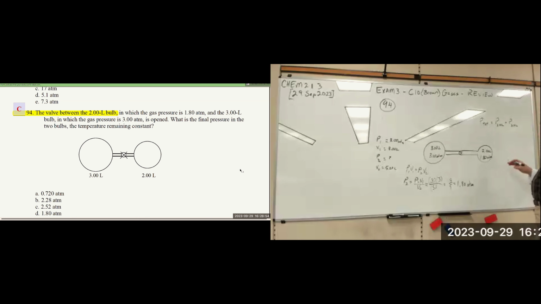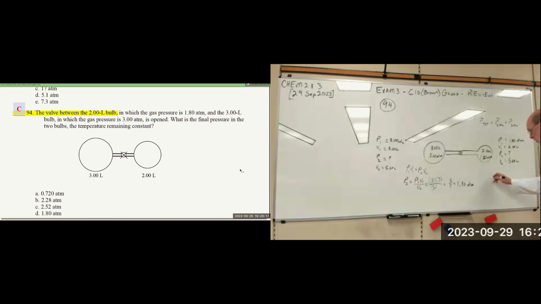Now, from the other side, P1, V1, P2, V2, this was our unknown. The initial pressure on this side is 1.80 atmospheres. Initial volume is 2 liters. And the final volume is still 5 liters.